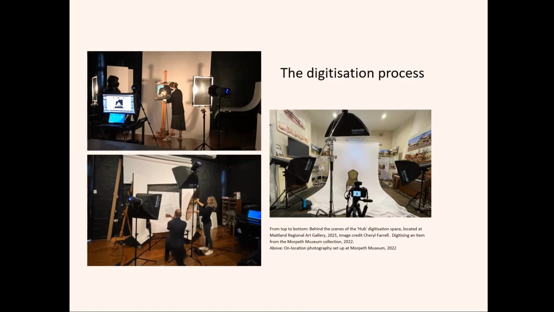So permanently set up a white backdrop with lighting that you know works, and then you'll be much more able to quickly photograph objects of the size that fits within that space. And here we can see some photos of that photography area that Maitland have set up.